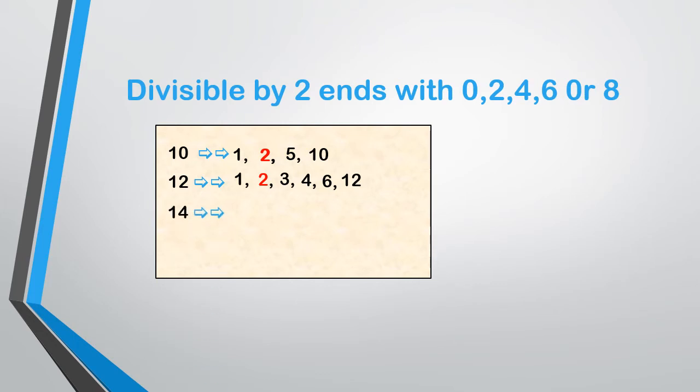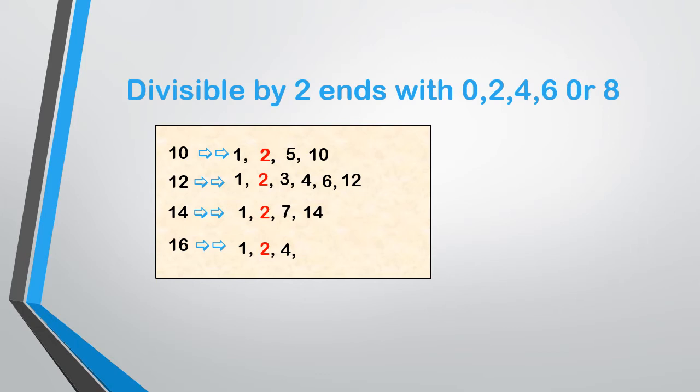14. 14 comes in the 1 table, then the 2 table, 2 sevens are 14, then the 7 table, 7 2s are 14, then the 14 table. Next 16. 16 comes in the 1 table, the 2 table also, 2 8s are 16, then 4 4s are 16, the 4 table.